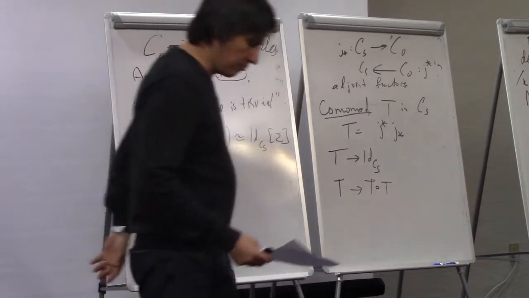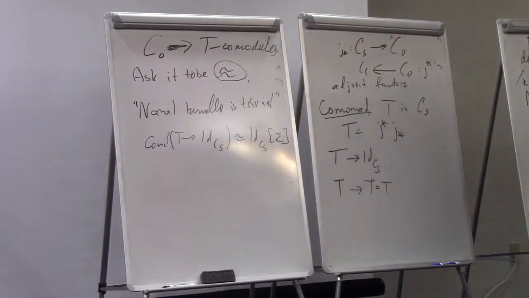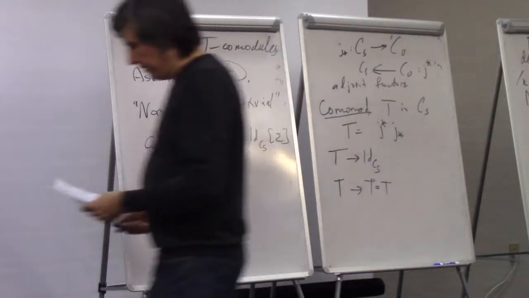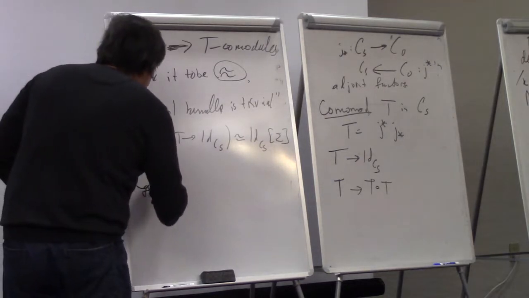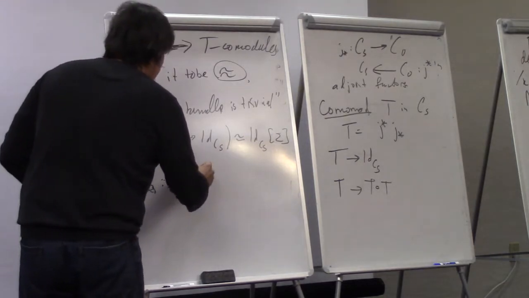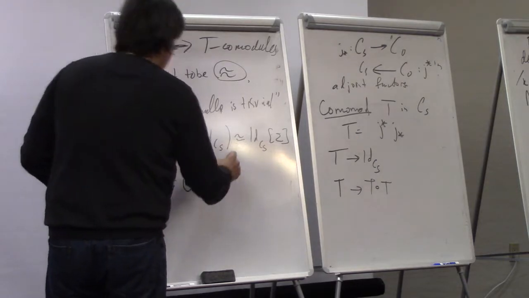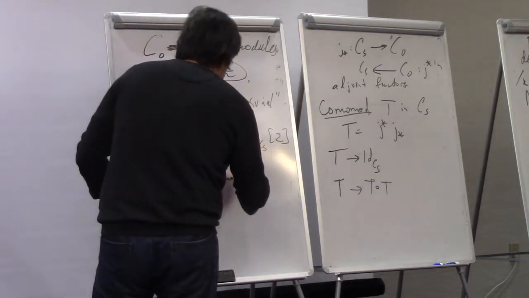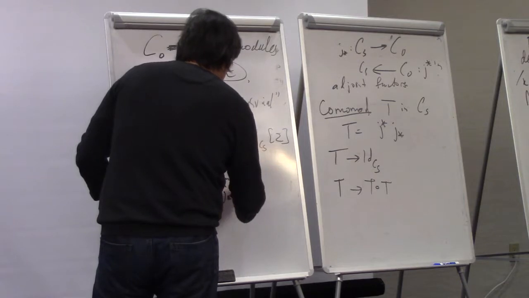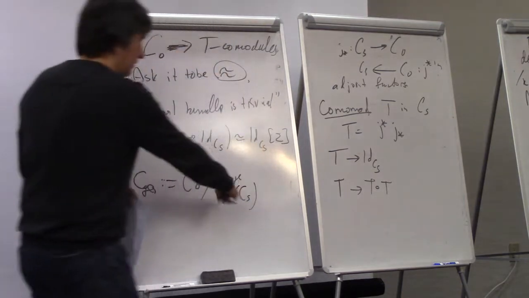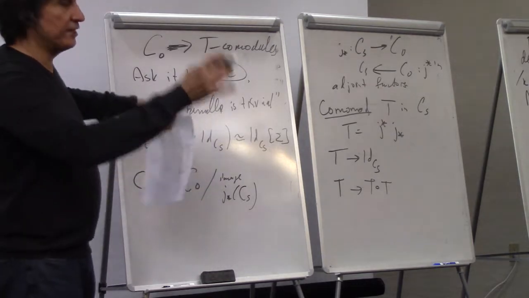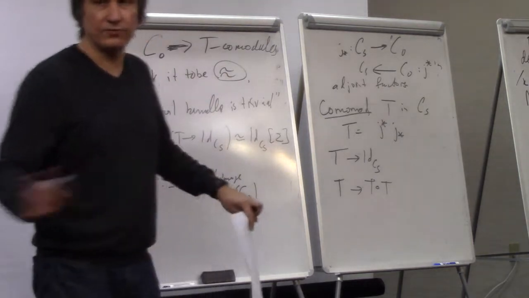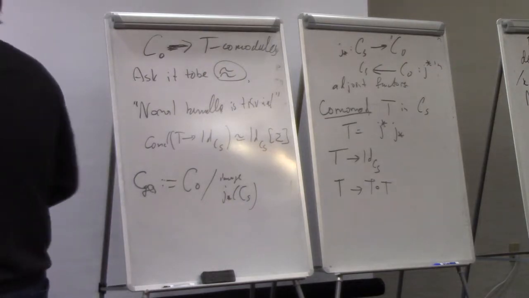Now the normal bundle is trivial, so I don't even ask for a projection; it's very first order deformation. So I get such a situation. Then one can define C generic as a quotient of C0 by the image of J lower star of CS, the torsion sheaves, and that will be my category of the generic fiber. It's another term, but no fields are entering the game.